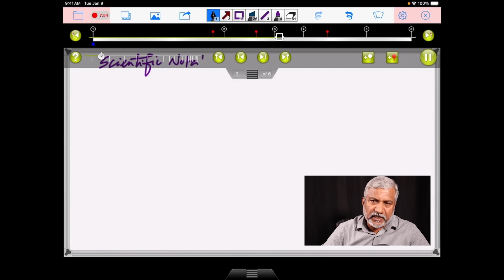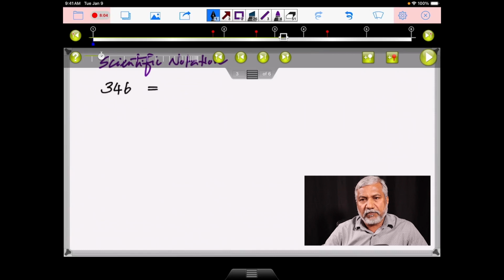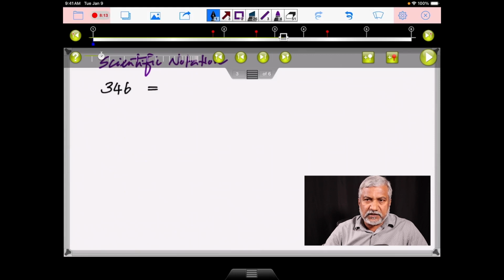When you look at the scientific notation, which we have already used, the number should be written with the decimal after the first non-zero digit. So we got 346. The first digit is 3, so the decimal should come after that. So it should be written as 3.46.